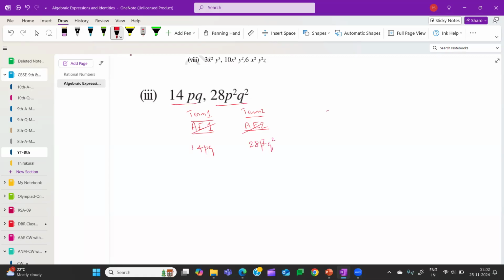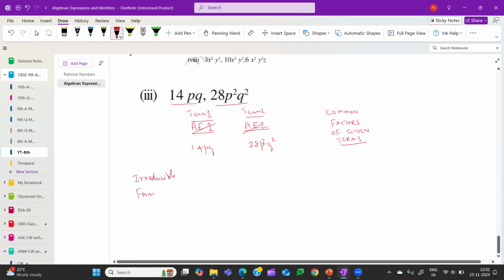So what we need is the common factors of the given terms. For this, we need to find the irreducible form of each term.